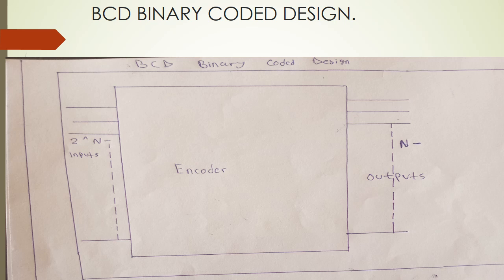So we are going to have 2 outputs and 4 inputs. Since 2 raised to the power n is 4, the output should be 2. So this is the encoder design.